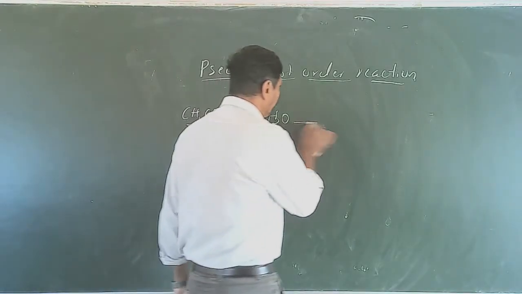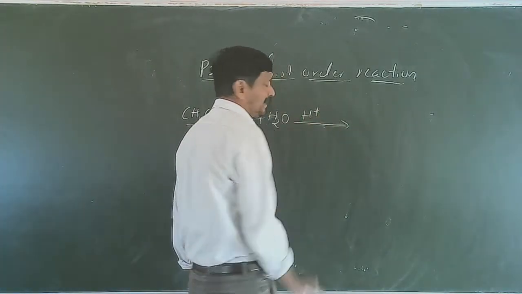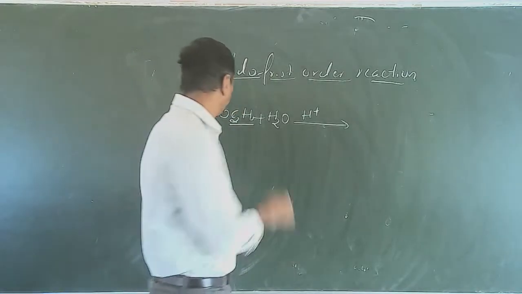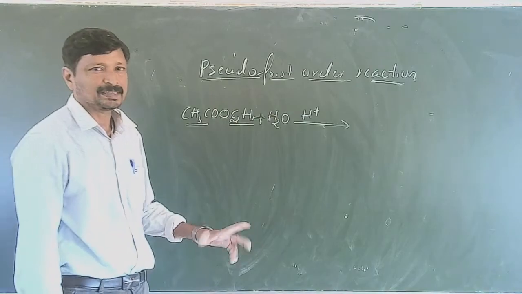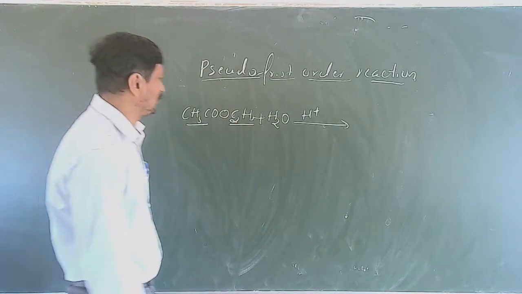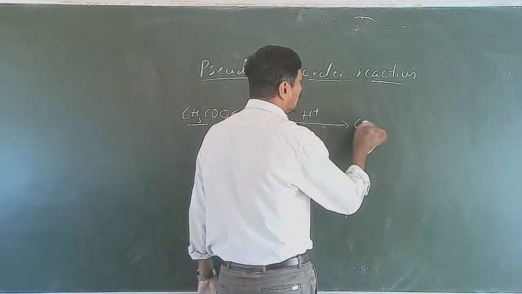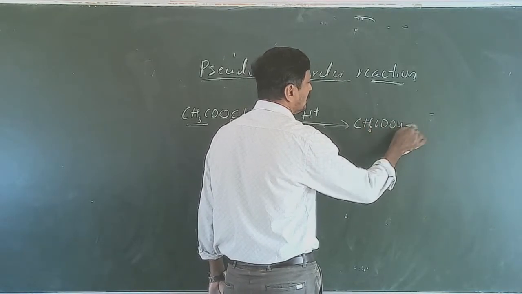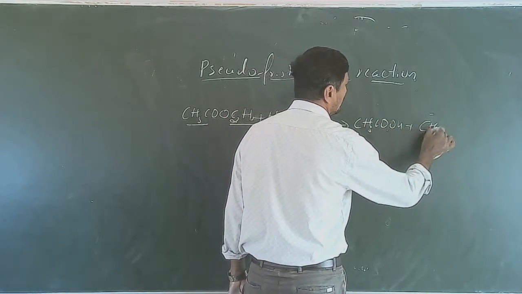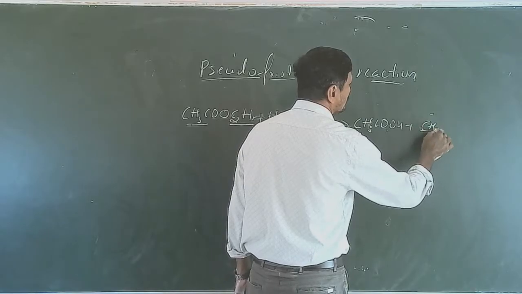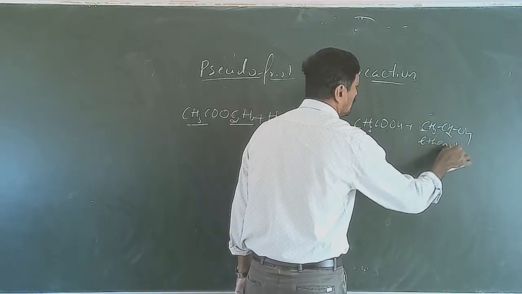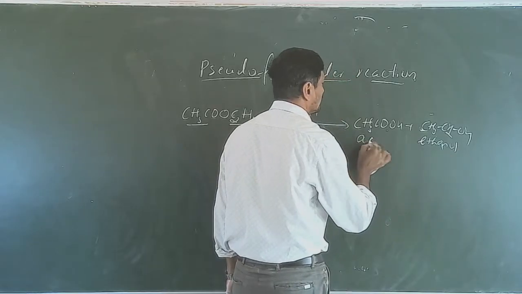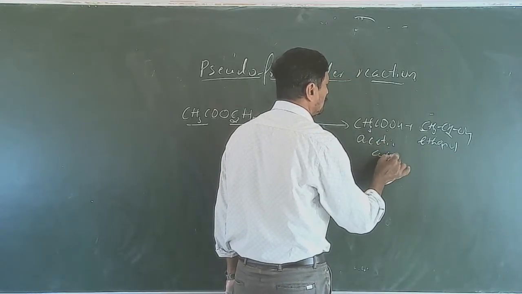In acidic media, it undergoes hydrolysis, meaning addition of H plus and OH minus. The OH goes to the carboxylic acid and H plus goes to CH3CH2OH. So, you will get ethyl alcohol and acetic acid.